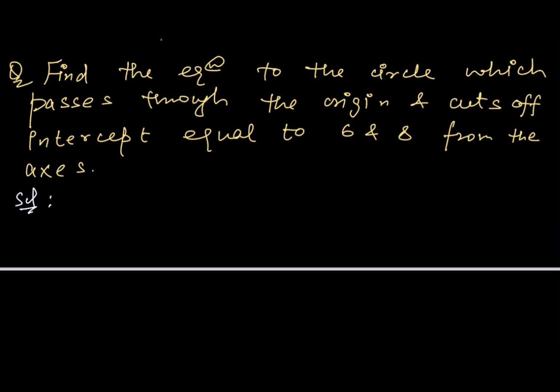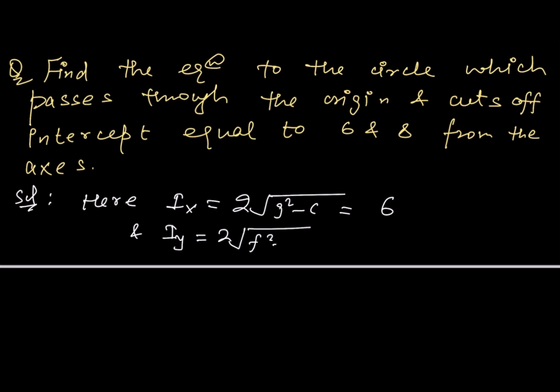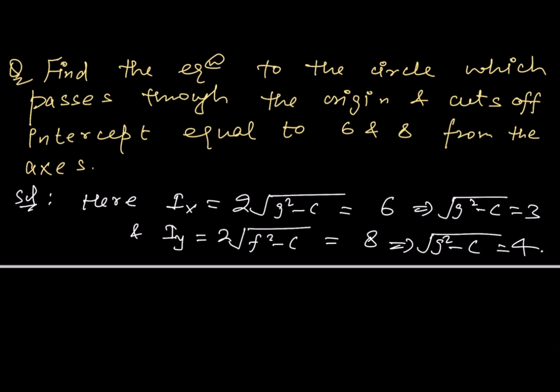So here Ix is 2 root over g square minus c, which is 6 here, and Iy is 2 root over f square minus c, which is 8, right? So root over g square minus c is equal to 3 and root over f square minus c is equal to 4, right?